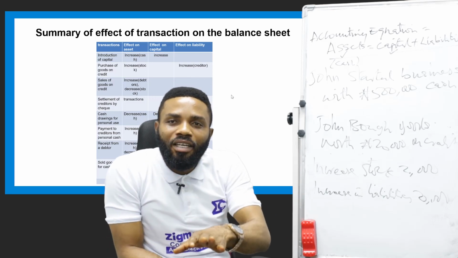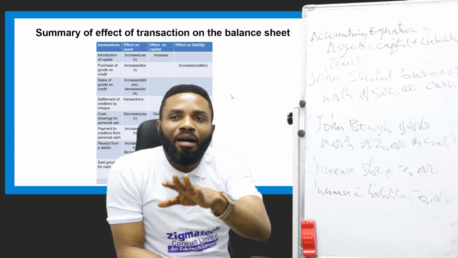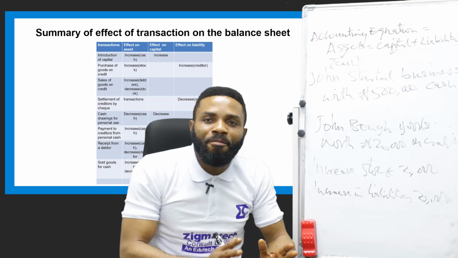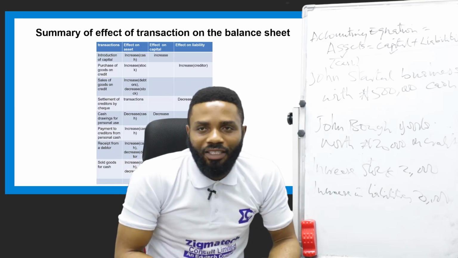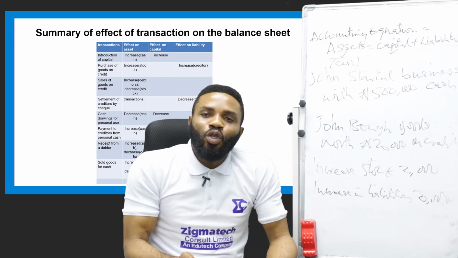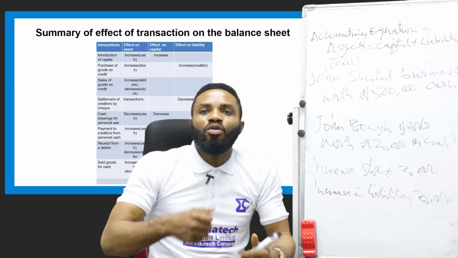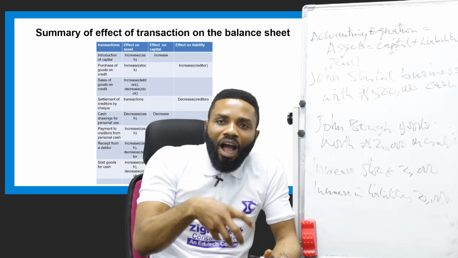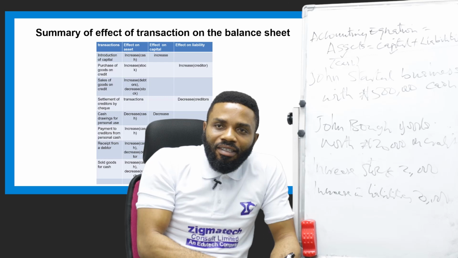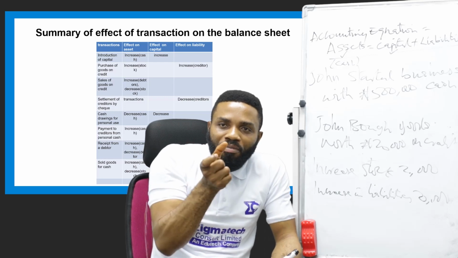If you look at it, the table will give you a clear picture of what we are saying. Sales of goods on credit, it will increase your assets. And it will also decrease your asset, because when you sell your goods, the stock that you have will decrease. That's why you see debtors in bracket.